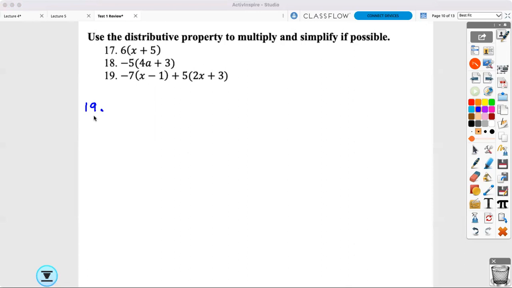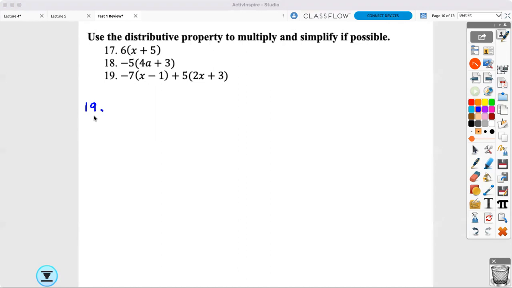All right, now that we finished chapter 3, who feels a little better about handling 19 now? Let's take a look at 19. Can someone tell me the name of the property we're going to apply to simplify 19?